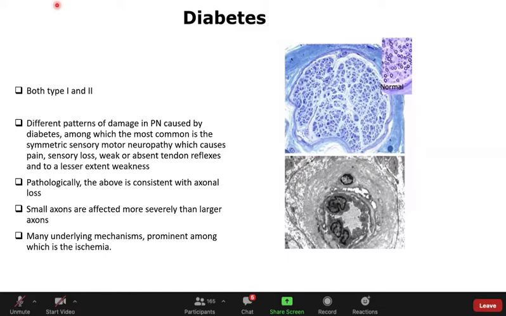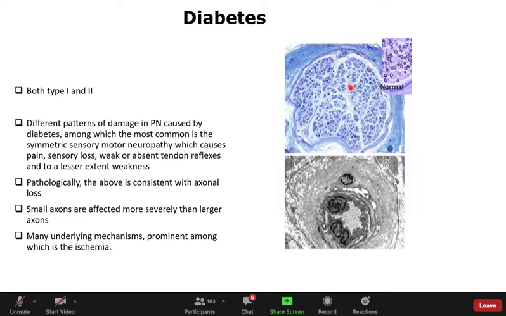All right, so small axons are affected more than large axons, and here you will see that demyelination is part of the picture, as you can see here. All right, so in terms of the underlying cause, you have probably seen that in endoripro, and you're going to see that further in endoripro of year 3.